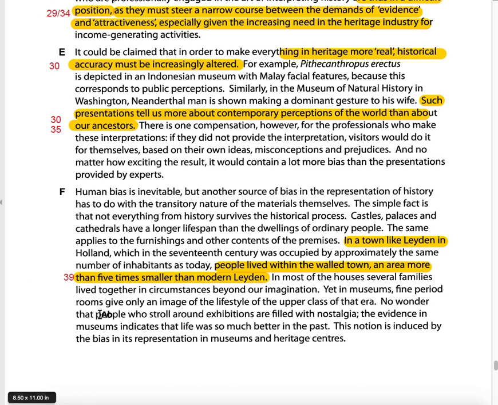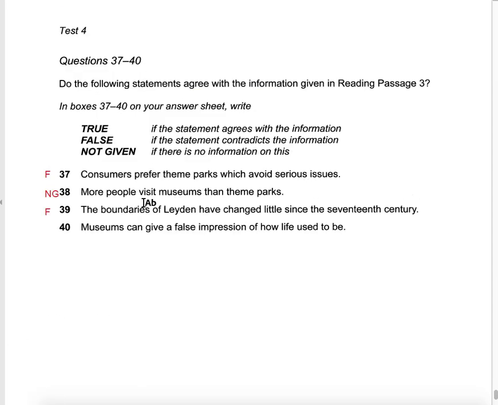So that was false. And then between here and here, it didn't talk about more people visiting. It didn't talk about how many people visit museums and theme parks. So not given.